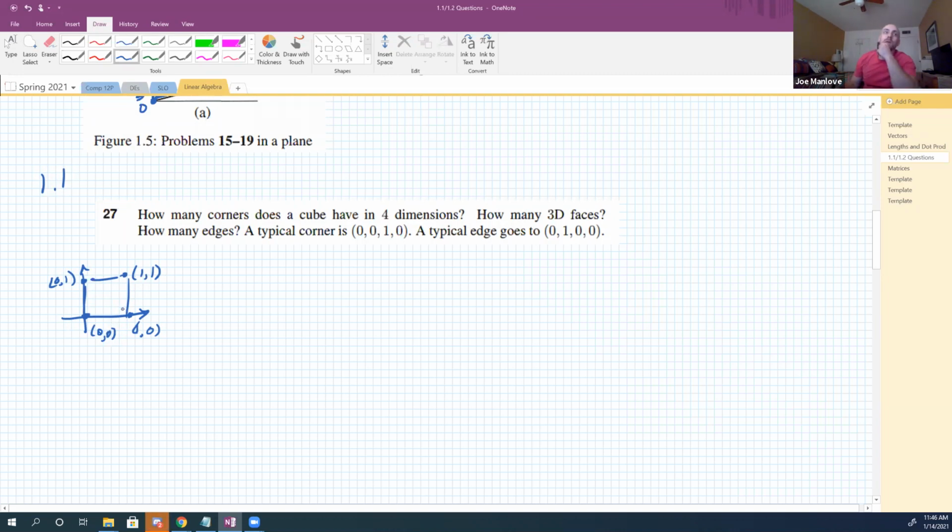Okay. So the way that I think about the corner, well, maybe let me think in 3D next. In 3D, I'm still going to have the origin, 0, 0, 0, as a corner.